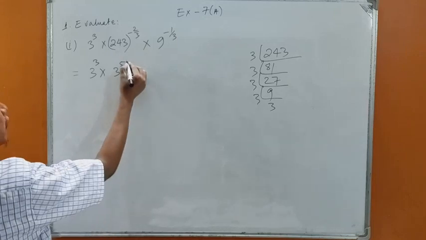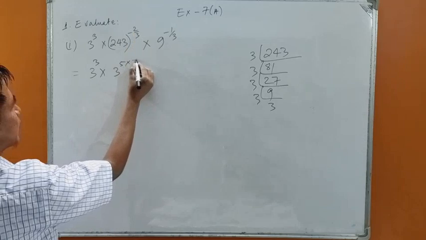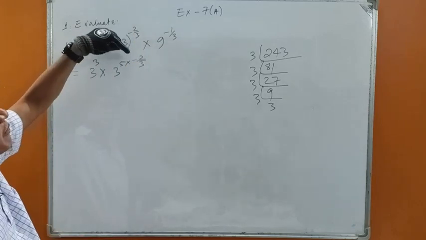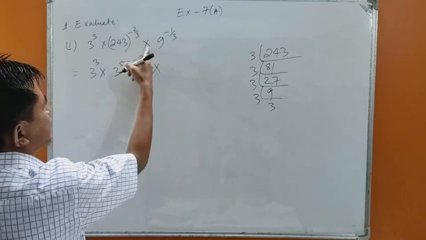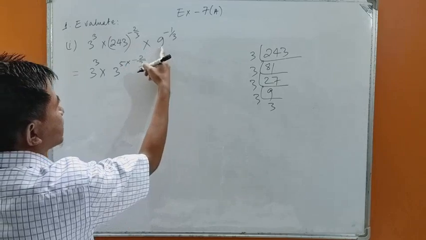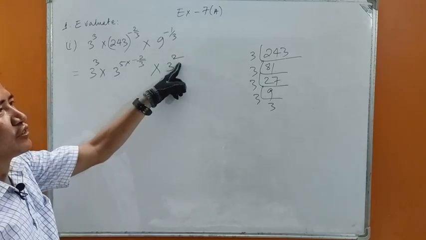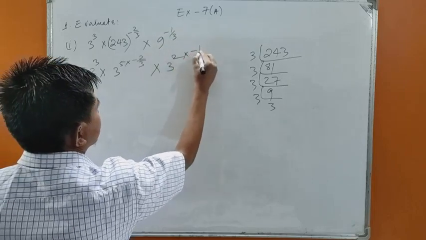Okay. Now into minus 2 upon 3. Minus 2 upon 3. We must be very, very careful with the sign. Into this comes here. 9 means 3 squared, isn't it? 3 squared is 9, 3 3s are 9. Into minus 1 upon 3.